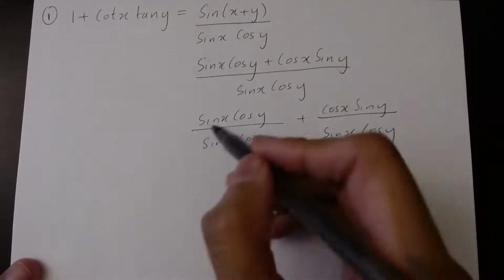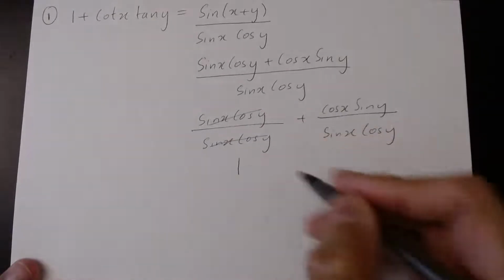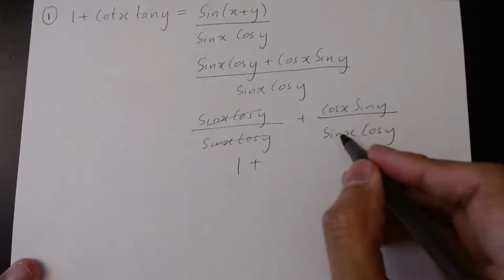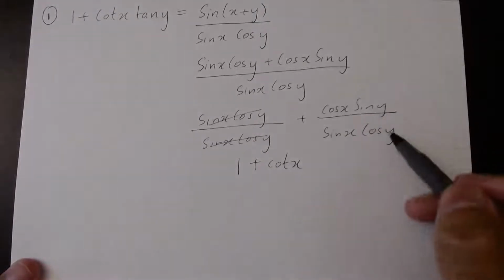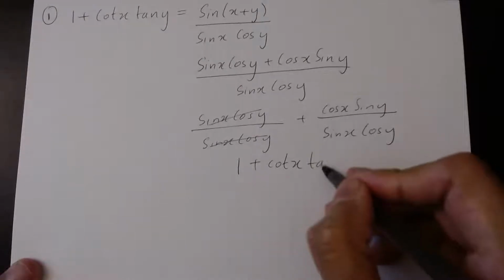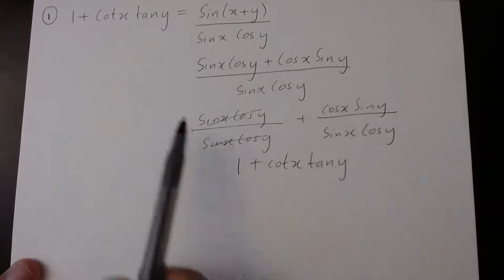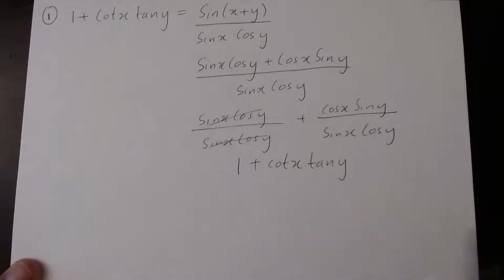And then these two just cancel and you're left with 1. And then cos x over sine x is just cot x. And sine y over cos y is just tan y. And now we have the other side. So our solution is complete.